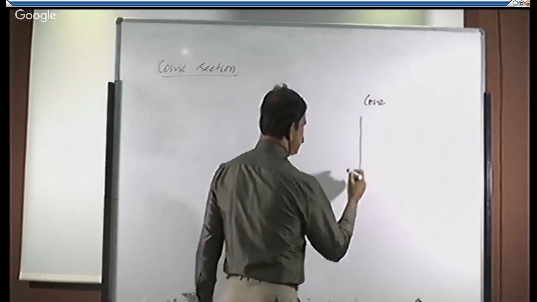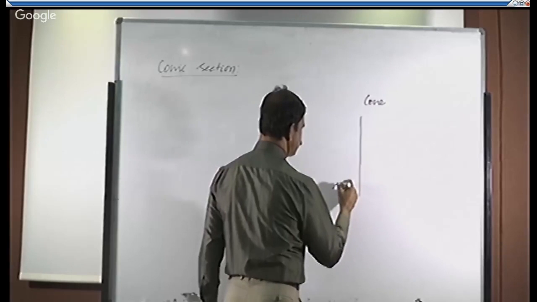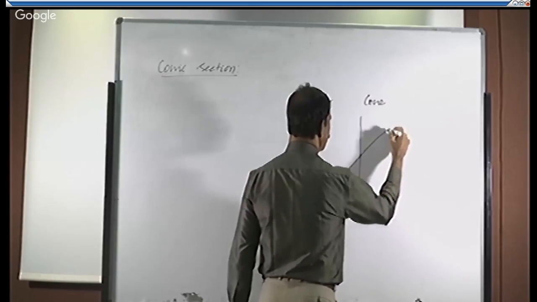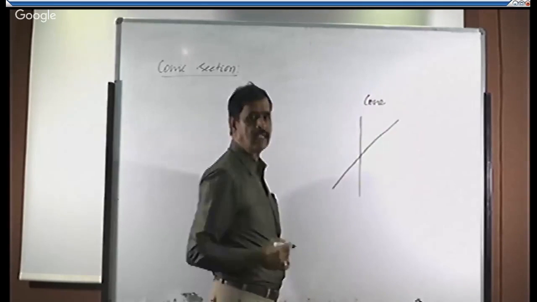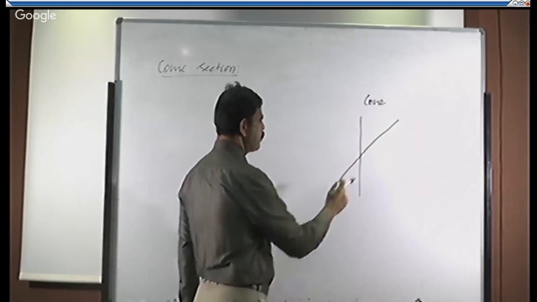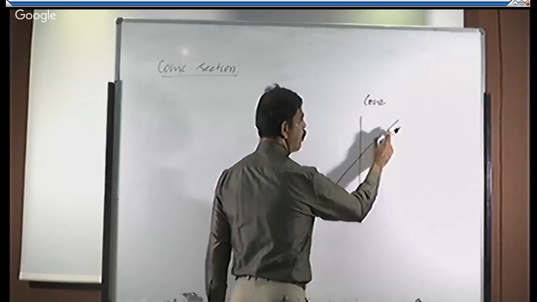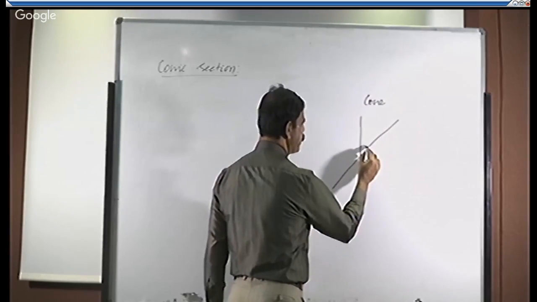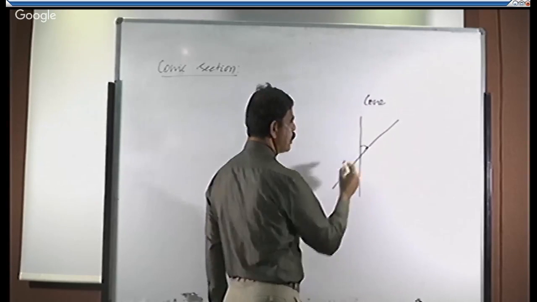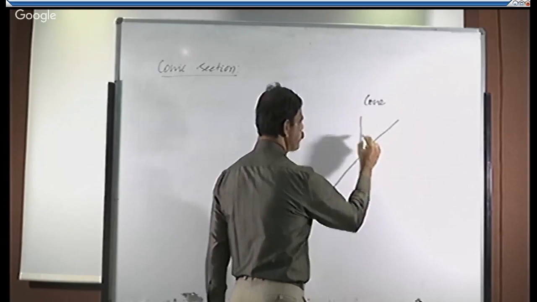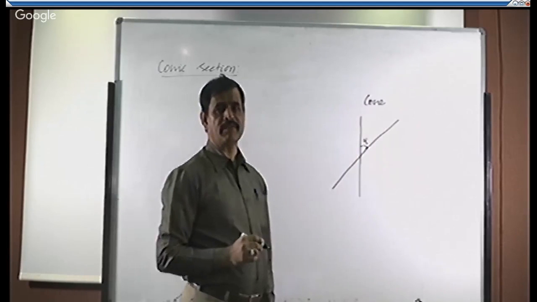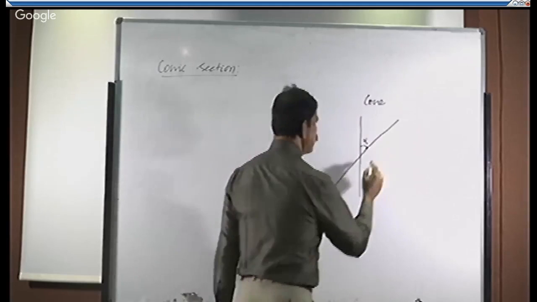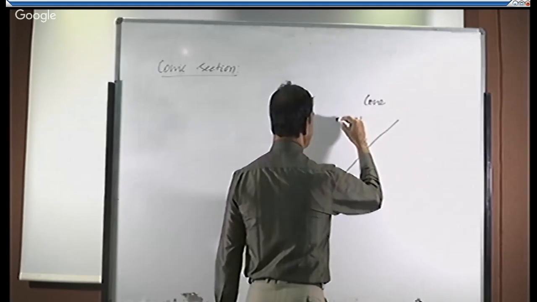And there is another line which is rotating about the fixed line. When this rotating line is rotated such that the angle between the fixed line and this rotating line is always constant, then it will be formed like this.